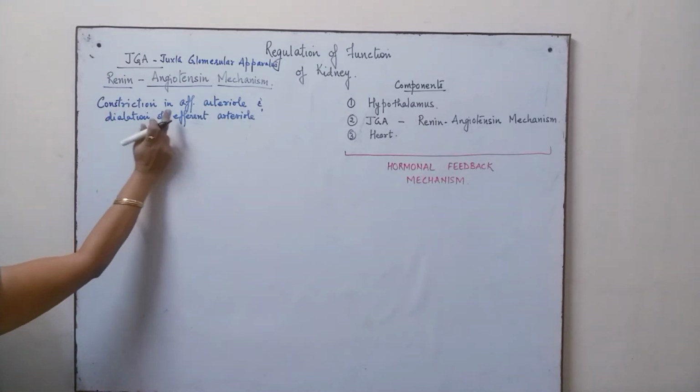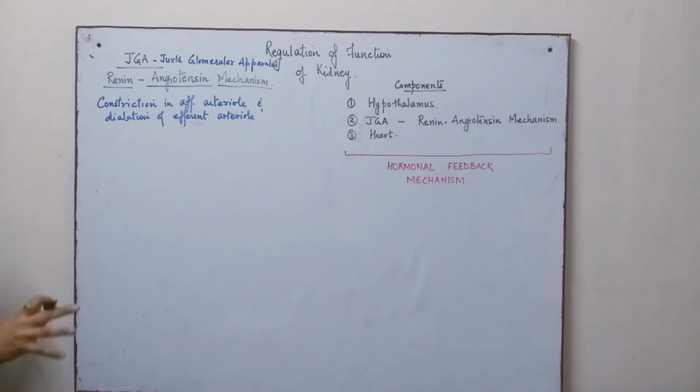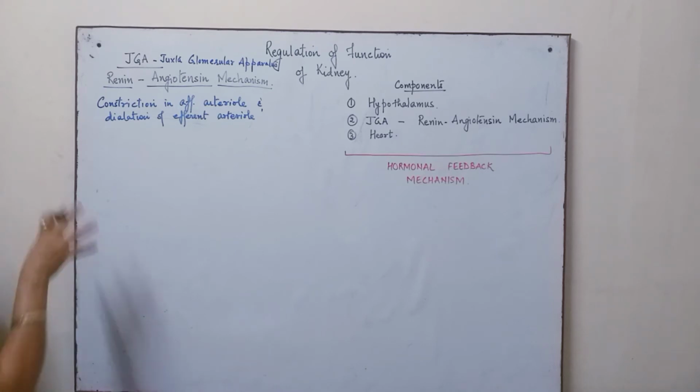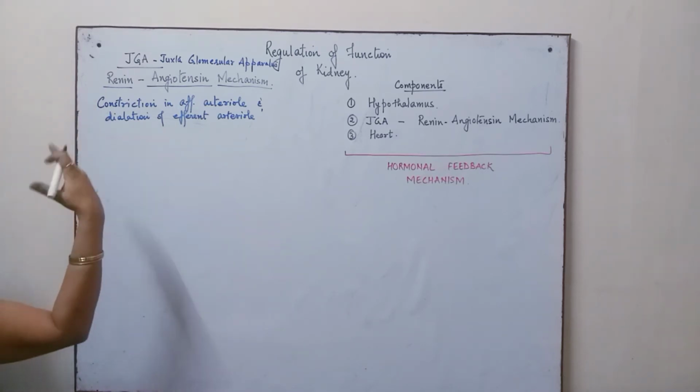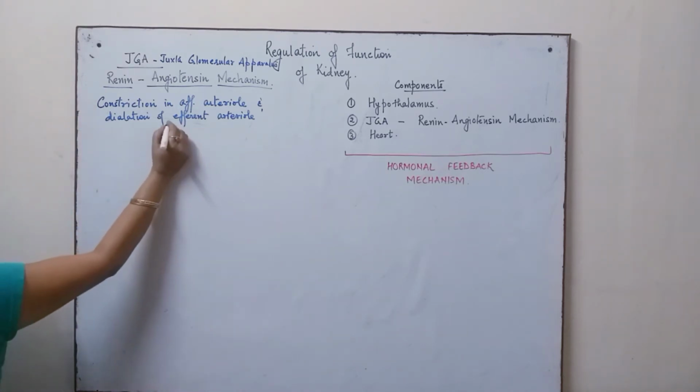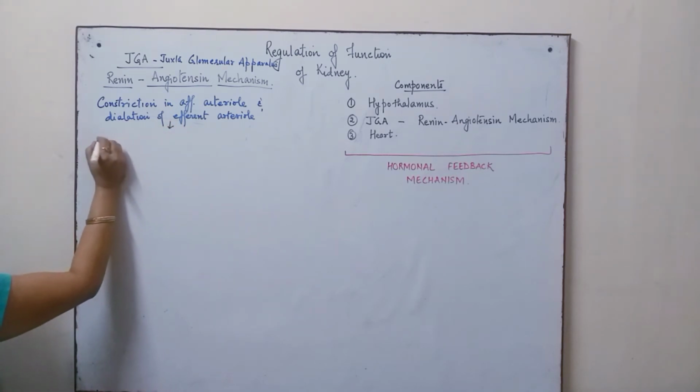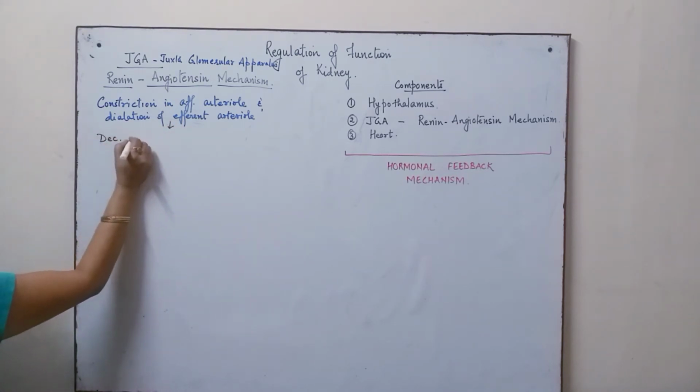That means the constriction in the afferent arteriole, which is entering the glomerulus, and the dilation of the efferent arteriole, which is leaving the glomerulus, results in a decrease in GFR.